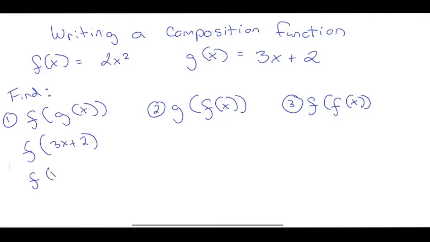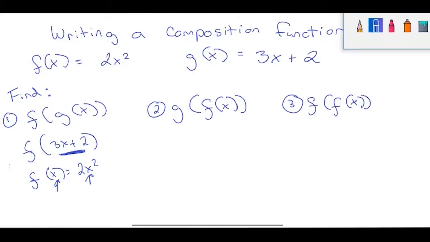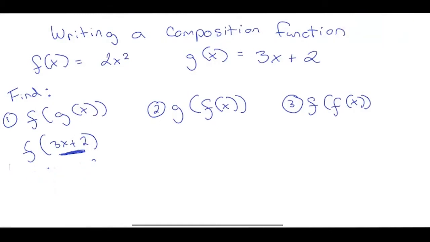So what I'm going to do is I'm going to replace whatever was x with this 3x plus 2. Okay? Check this out. You'll get the hang of it. All right.